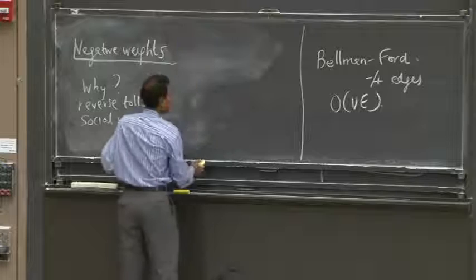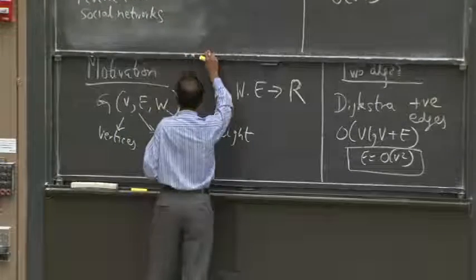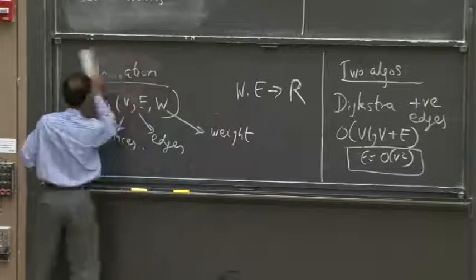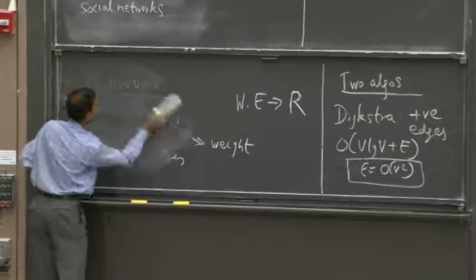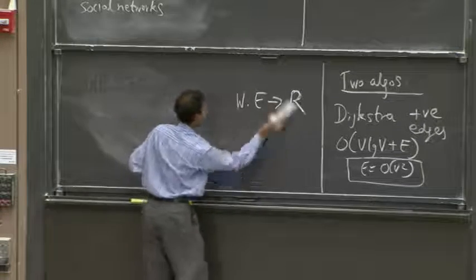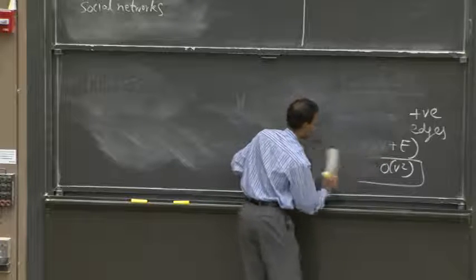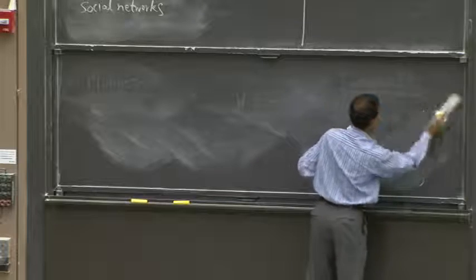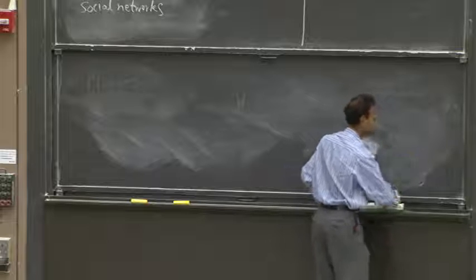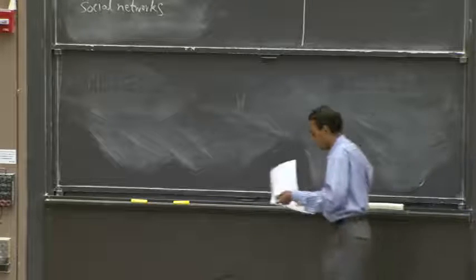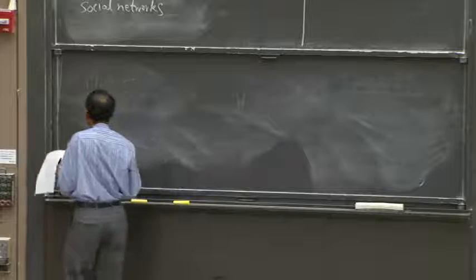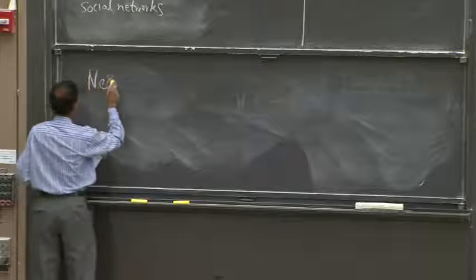So the issue with the negative weight cycles is something that is worth spending a minute on. I talked about the fact that you had an exponential number of paths, and that causes a bit of a problem, even in the case where you have positive weights, and I will revisit that example. But here's an even worse problem that corresponds to negative cycles.